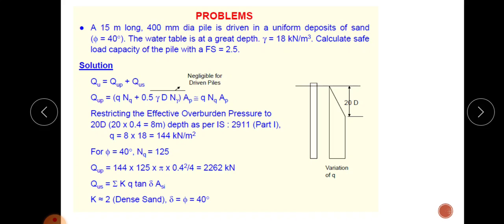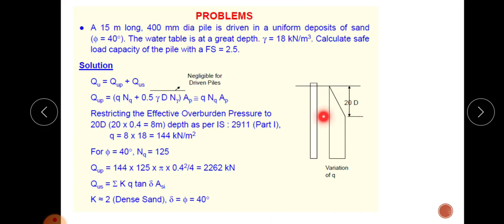Also in the case of a driven pile, there is one effect which is known as the arching effect. That is, arching effect will be occurring in sandy soil. The overburden pressure q varies linearly up to a depth of 20 D, 20 times the diameter.